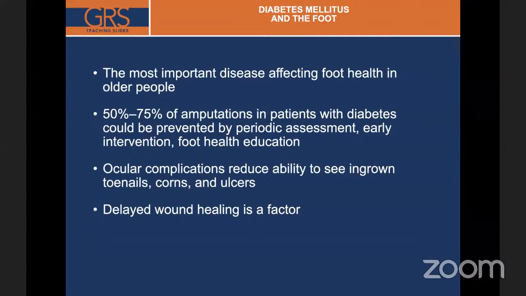As you know, about 65% of geriatric people have diabetes, and 50 to 75% of amputations in patients with diabetes could be prevented by periodic assessment, early intervention, and foot health education. Also, ocular complications reduce the ability to see ingrown nails, corns, and ulcers, and delayed wound healing is another factor that can lead to foot disorders.